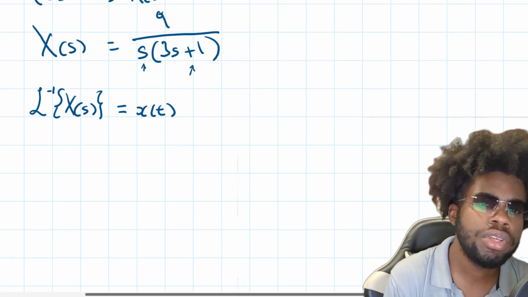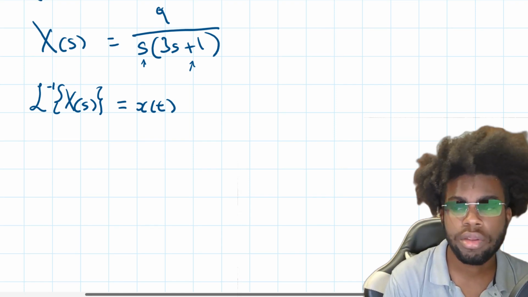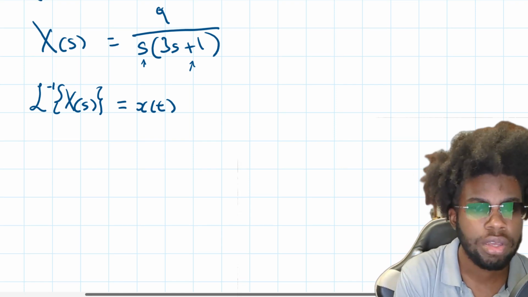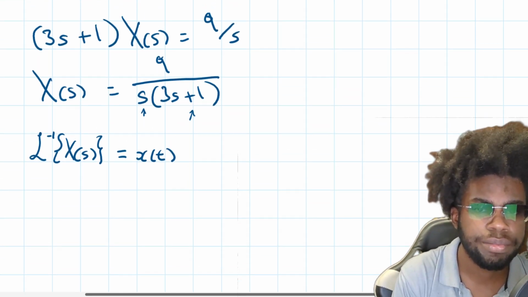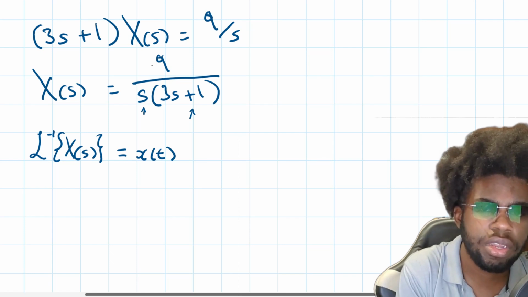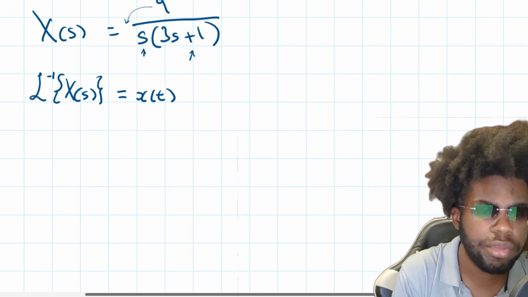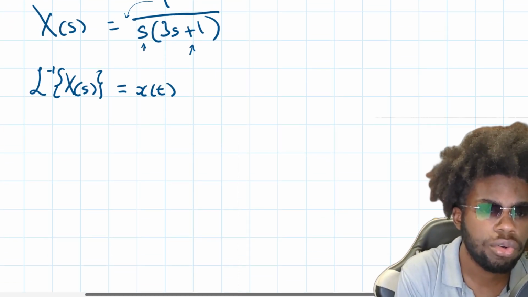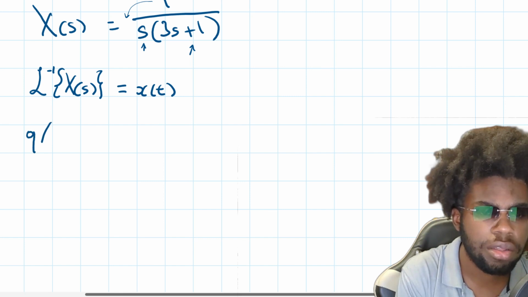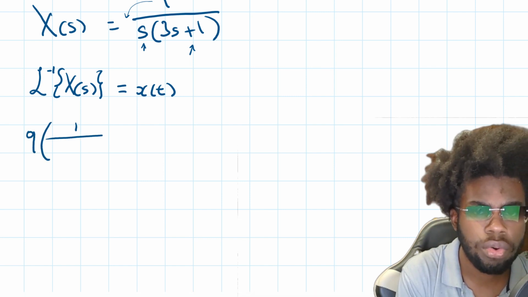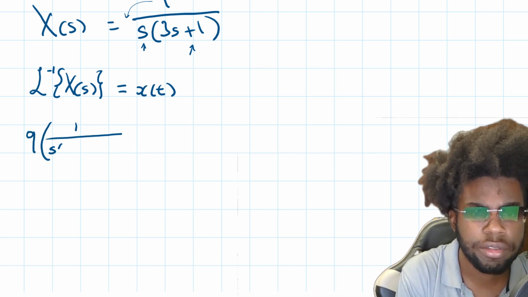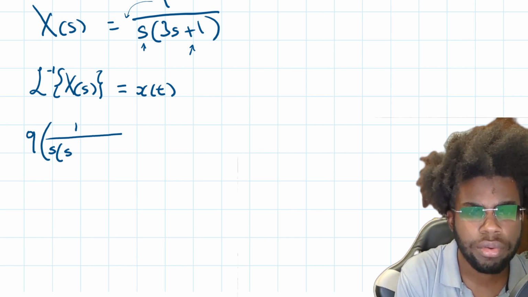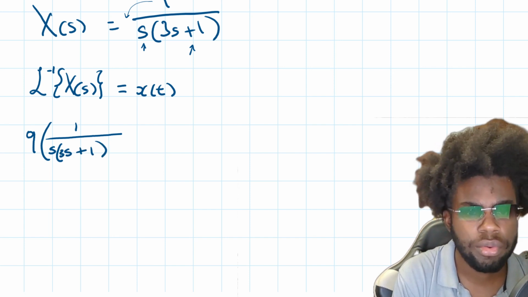And how we'll do this is with a technique called partial fractions expansion. And it goes a little something like this. Let's move the 9 to the side for the time being, right? So we'd have this as 9 times 1 over s(3s plus 1). Let me rewrite that.